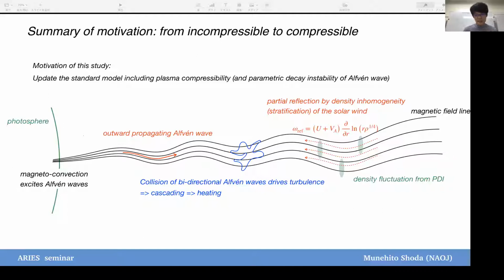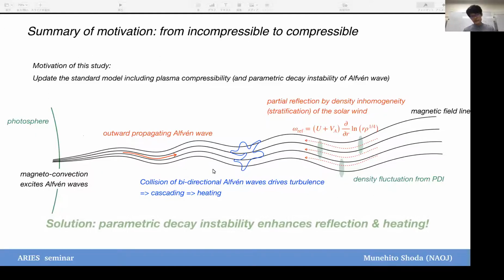And it is expected that if we take into account the compressibility, the density fluctuation should emerge inside the solar wind. And as a result, by this density fluctuation, we have a much larger amount of wave reflection, which promotes the turbulent energy cascading in the solar wind. And as a result, it is expected that the heating rate gets much larger, sufficient to reproduce the realistic fast solar wind.